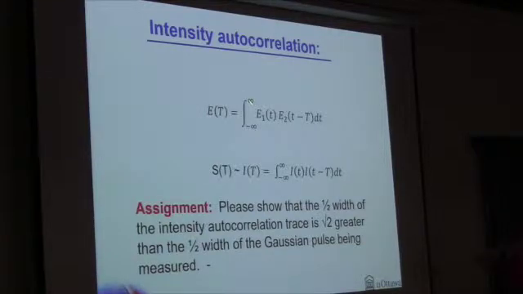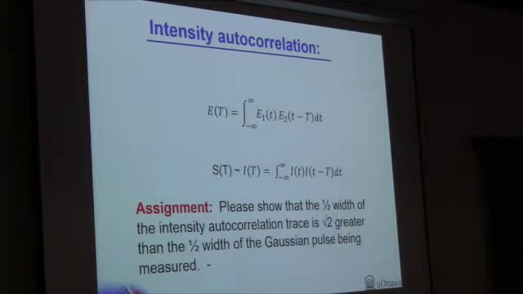If you think about the field, it is given by a second harmonic generation term. So it's E1, E2. That's what it would be. But of course we're measuring the intensity, so we need to square that term. And when we square it, it looks like intensity times intensity. So this is a winter school workout. Assume that you have a Gaussian and work out what's the width of the Gaussian you measure in this way by autocorrelation relative to the width of the Gaussian that you knew you put in your assumption.